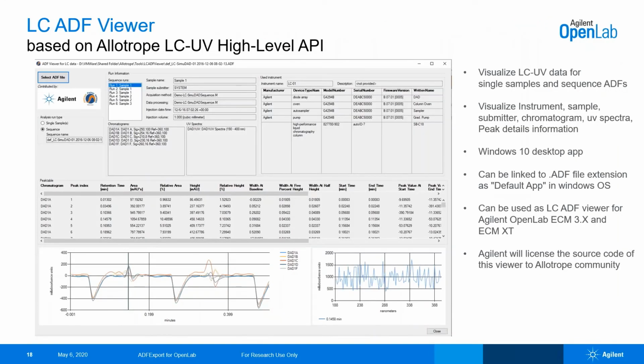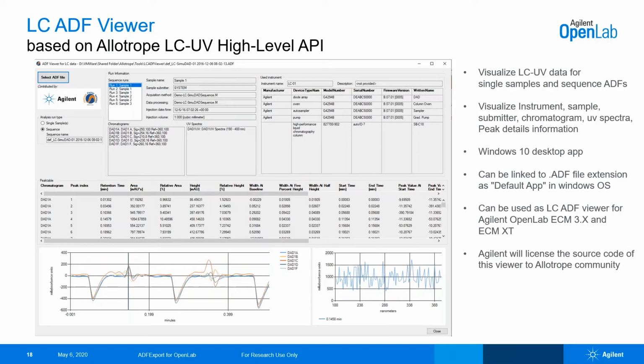So that's a screenshot of the Elsie ADF viewer. I will go into the details a little later when I show it in the demo. You can visualize the Elsie UV data for single samples and sequences. You can visualize all the information that is in the Elsie ADF, and you can read that information.